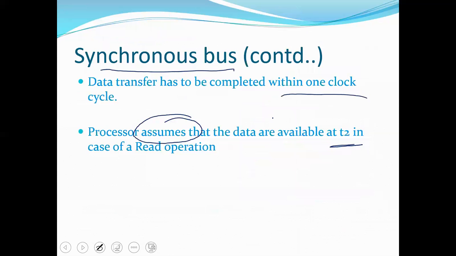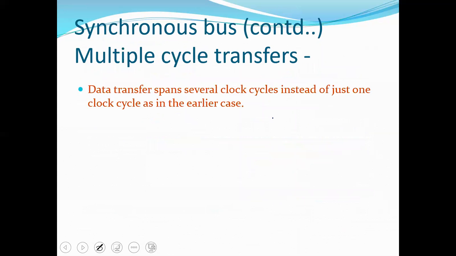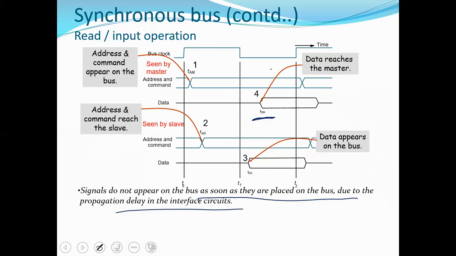Next, we'll see multiple cycle transfers. Here there is a single clock transfer, meaning the data has to be transferred in a single clock cycle. The problem is that the width of the clock cycle, from T0 to T1, must be such that the slowest device is able to decode the address and check whether it is its address.